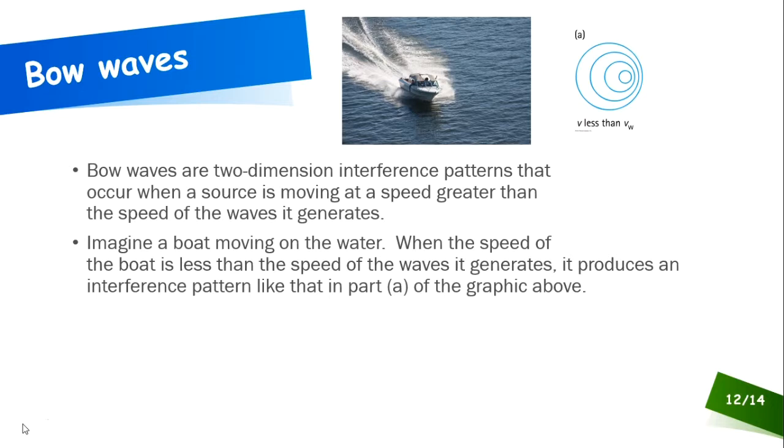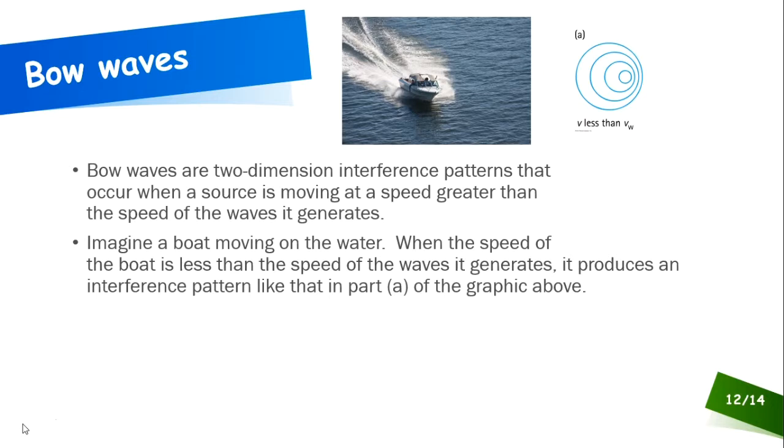When the boat is moving at a speed that's less than the speed of the waves that it generates, you get a pattern on the water much like what you see there in part A of the graphic. That smaller circle is where the boat's located, and the wave pattern just generates out from there.